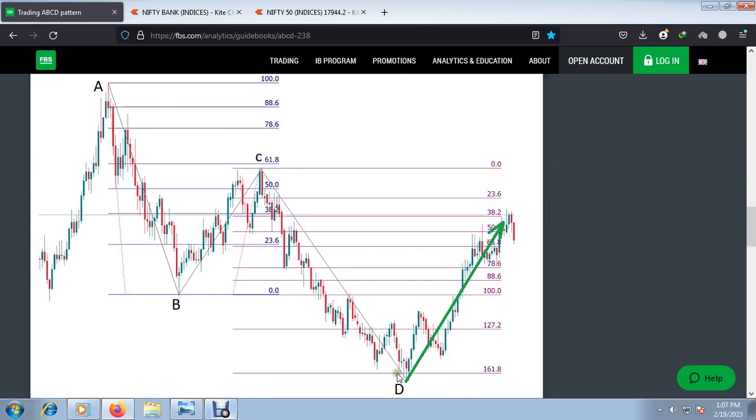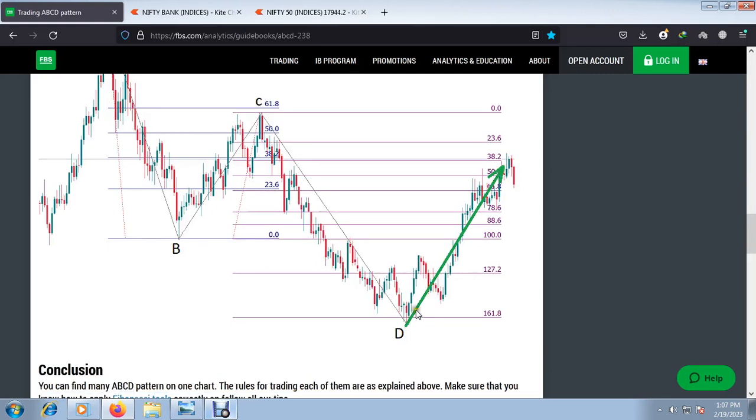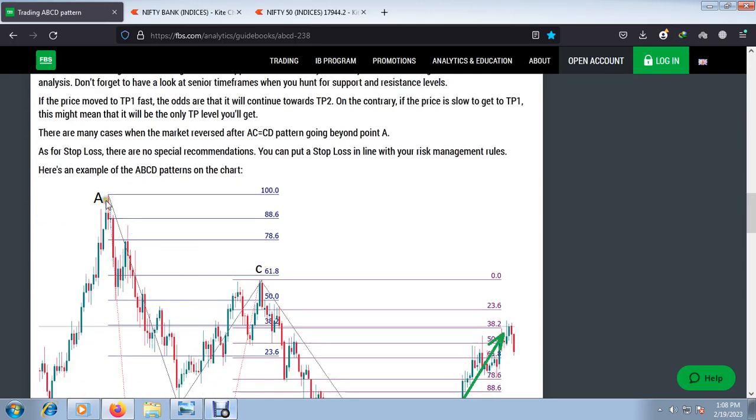After completion of the D point, we can put a stop loss below the D point, which will be the PRZ, and from there we can project up to a minimum of 61.8, which will be our first target. Whenever any harmonic pattern is forming, the first target is always 61.8%. We can also take other targets, like point A, and 38.2 also. But 61.8 is fully confirmed, it will come there.